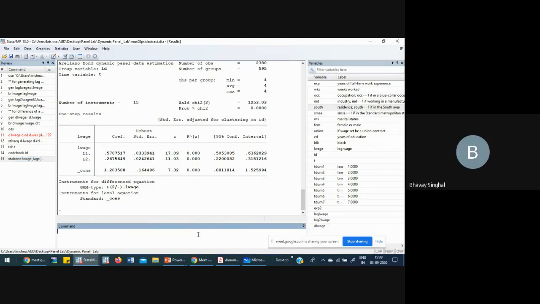Sir, there are two books by Cameron and Trivedi. One is Microeconometrics Using Stata, and the second is Methods and Applications. Today's session is from the first one, Microeconometrics Using Stata. So all our practical sessions for the panel data regression model will be from this book only.